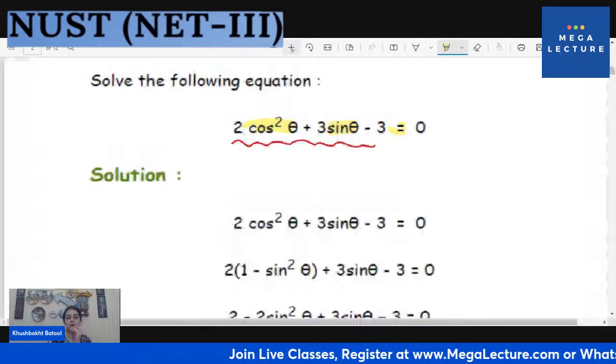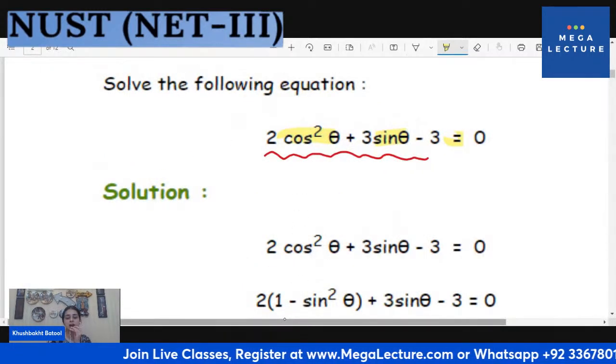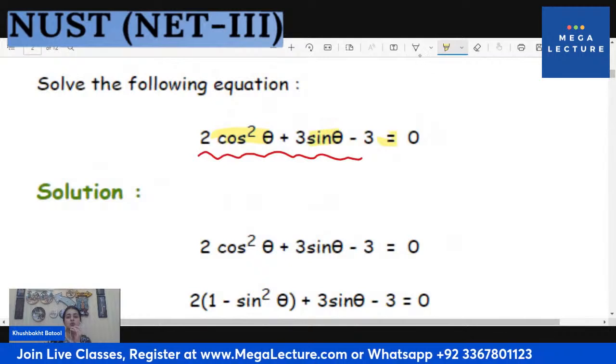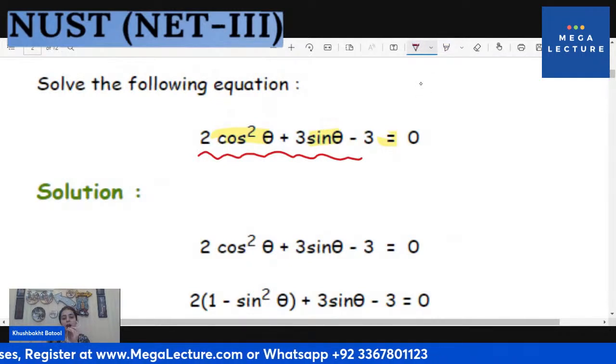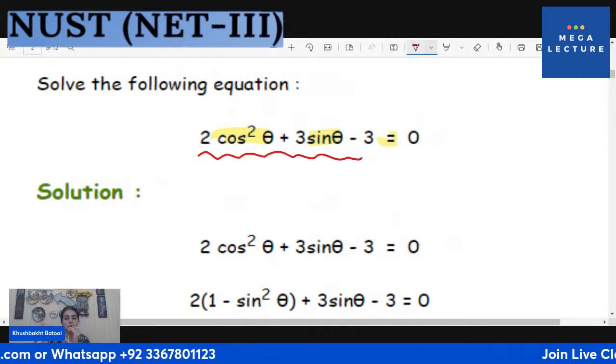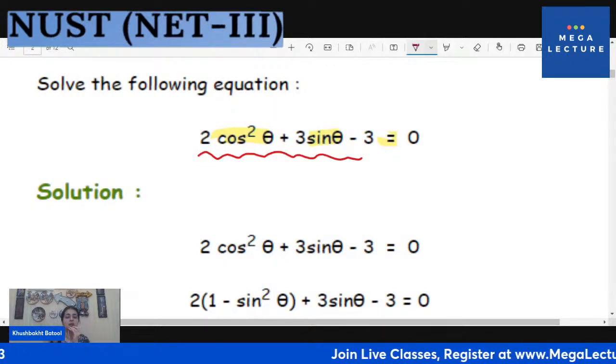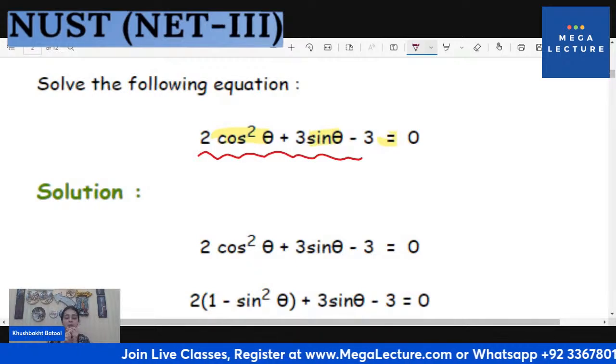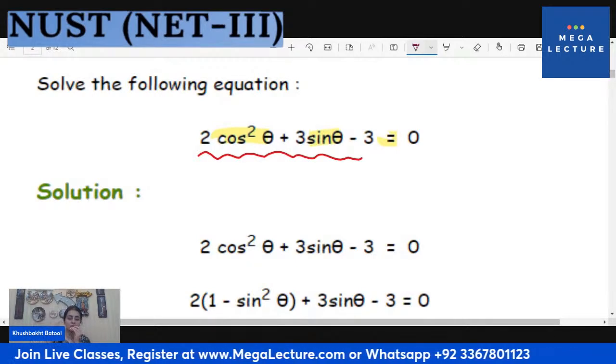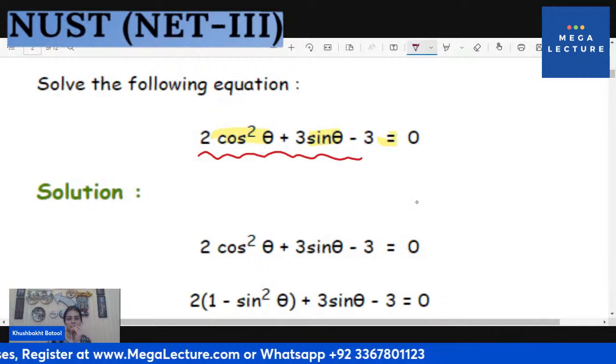And I told you that for such scenarios, we need to use some identities and some properties in order to convert all those different trigonometric functions into one trigonometric function, just so we are able to find the basic equation, the one we just solved, right? Something of that type. All right, so this is our question.